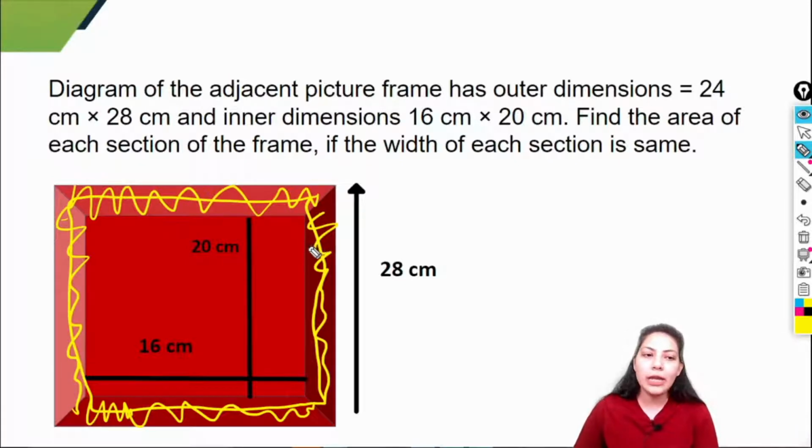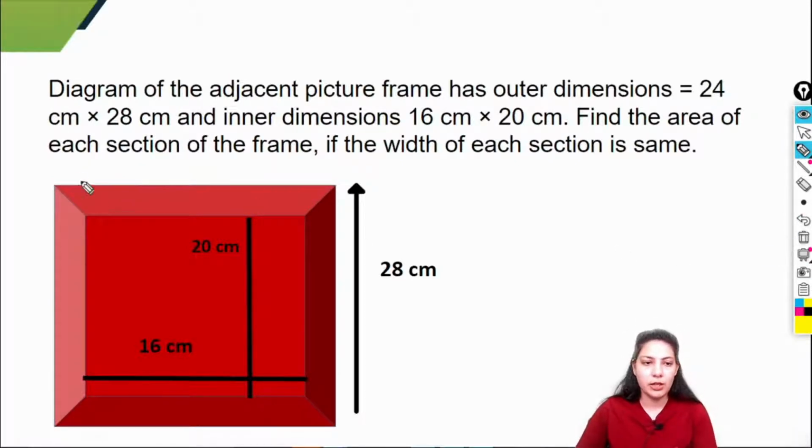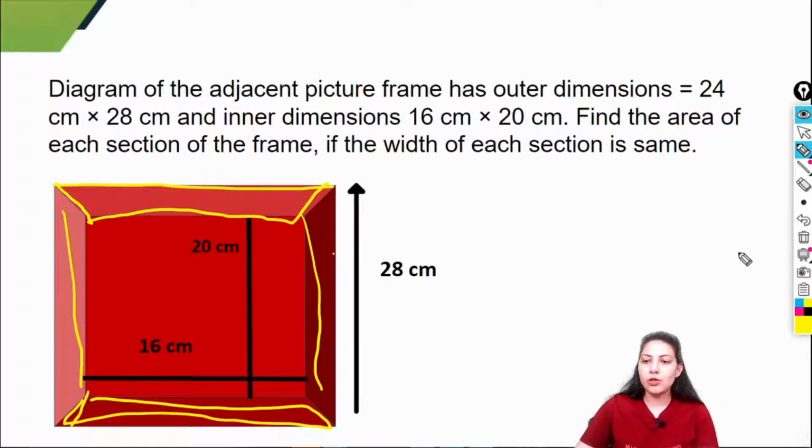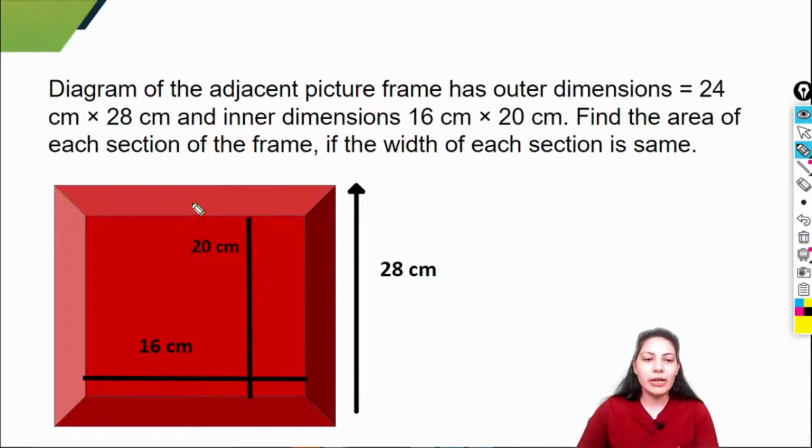Now how we'll do that? Let me erase this. You can see here again, this is in the form of trapezium, and these two are similar and these two are similar. So what we'll do here is we will divide this picture frame into 4 parts.